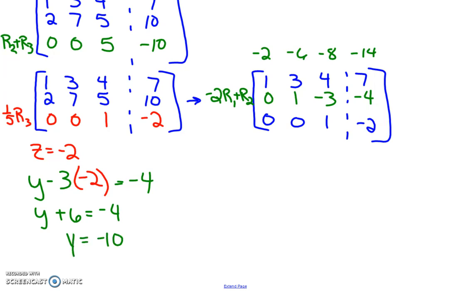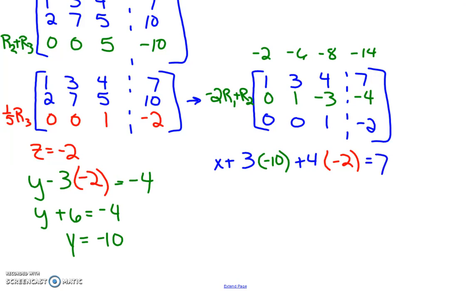And then I can take my z and my y and plug them into the first equation, which was x plus 3 times y, which was negative 10, plus 4 times z, which was negative 2, equals 7.